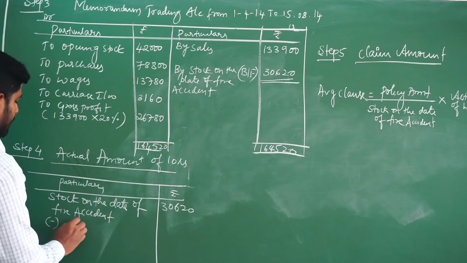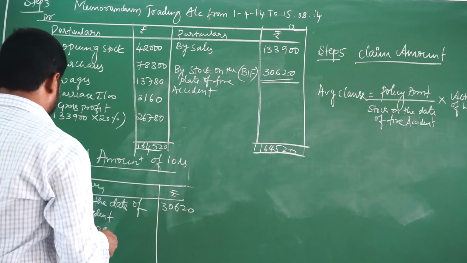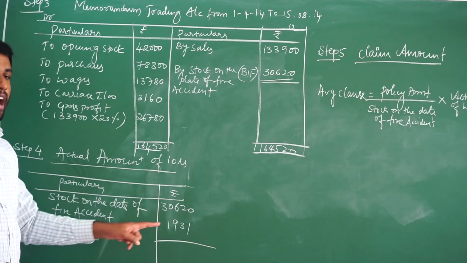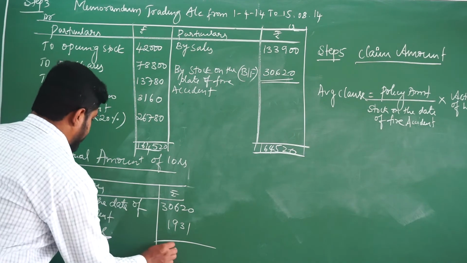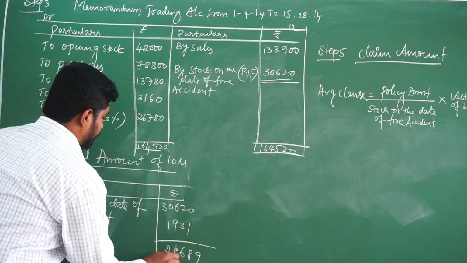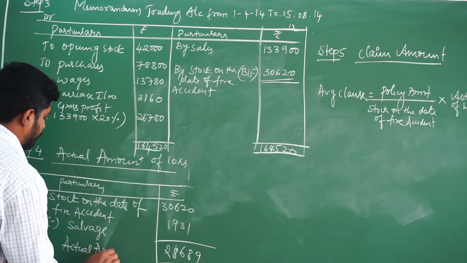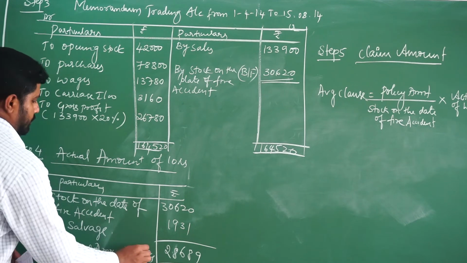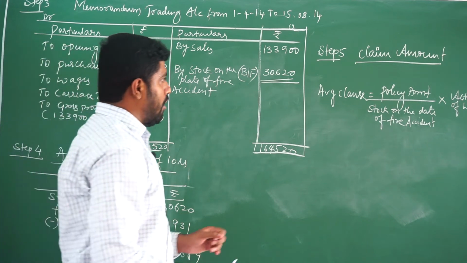In that, the salvage is rupees 1,931. This is the value of stock which was saved from the fire accident. Now the actual amount of loss will be 28,689. This is the actual amount of loss.